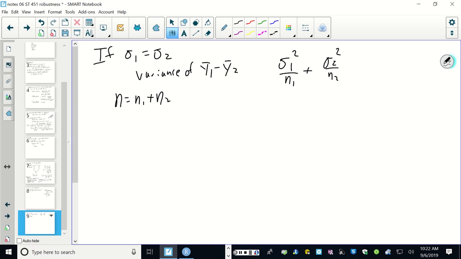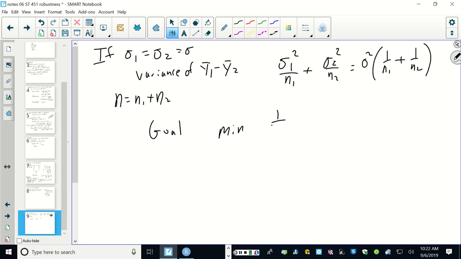If these things are equal, let's just call it sigma. Then this is sigma squared times 1 over n1 plus 1 over n2, and we want to minimize it. It'd be desirable, so it's a goal, to minimize 1 over n1 plus 1 over n2, subject to this constraint on n.